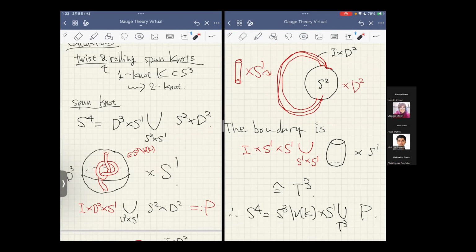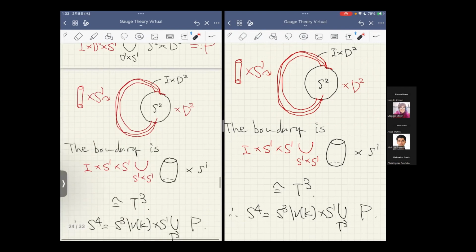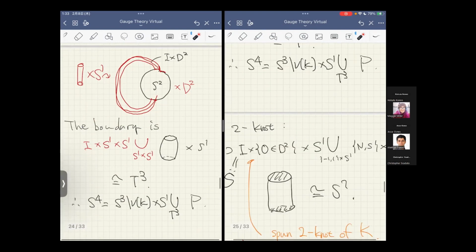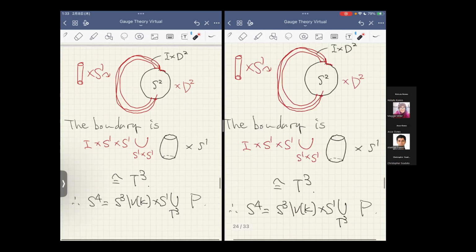Then we can decompose S4 like this. Let me call this four-manifold P. This four-manifold is called a Montesinos twin.